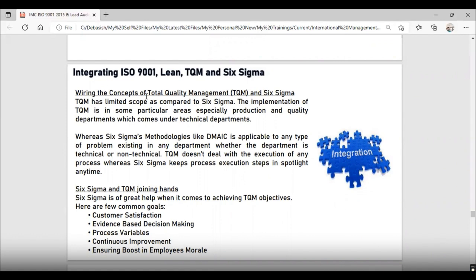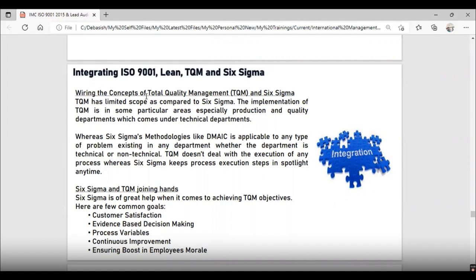Whereas Six Sigma methodologies like the DMAIC methodology are applicable to any type of problems existing in any department, whether the department is technical or non-technical.